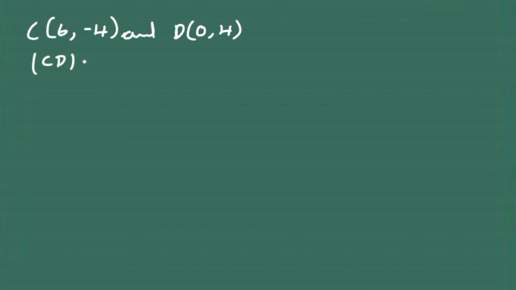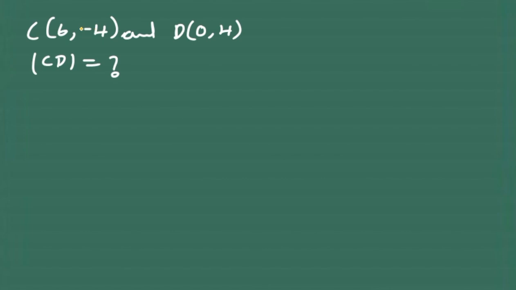So if we have a point C, given to be positive 6 and minus 4, and another point D, given to be 0 and positive 4. So we have to find the distance between C and D. Now I want to make this clear.